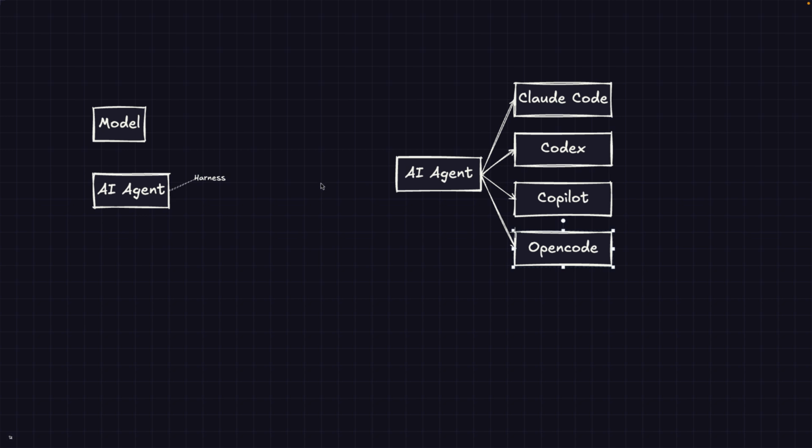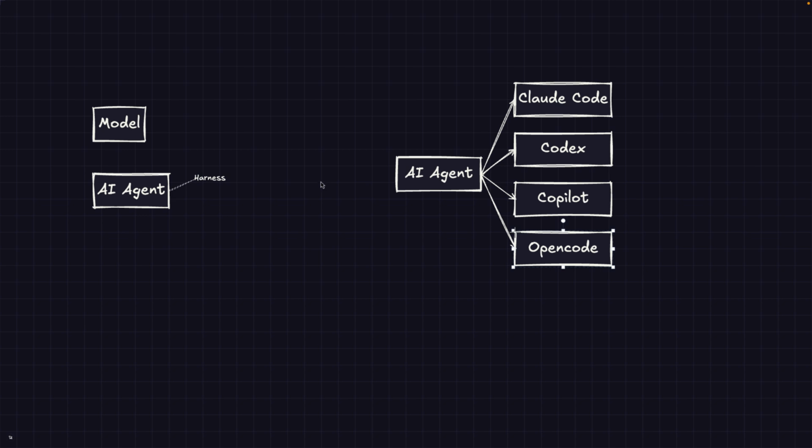These are also known as an agentic harness or AI harness. This is what you will be interacting with when you are writing code. This is the tool where you'll be sending your prompt, and this is the code that will be running on your machine to make the coding changes that you want to make, right?